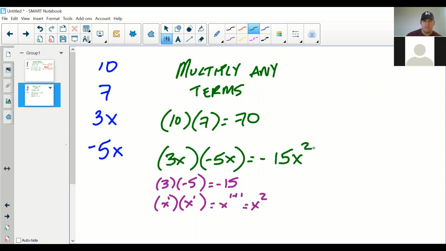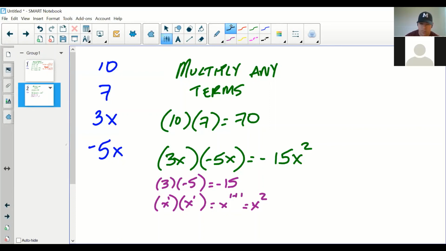So we have that information right there, and if it was adding or subtracting, we'd be able to do 10 plus 7 or 10 minus 7. If it was 3x and -5x, we'd be able to add and subtract those also. However, we've got to just realize here that when it comes to our terms, they don't have to be alike in order to multiply them. They do for adding and subtracting, not multiply.